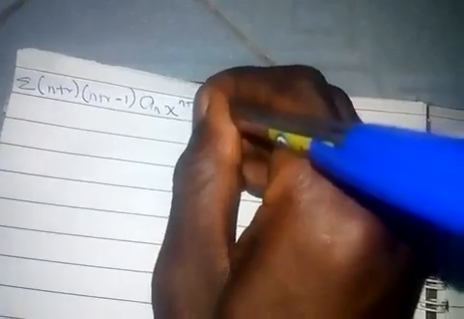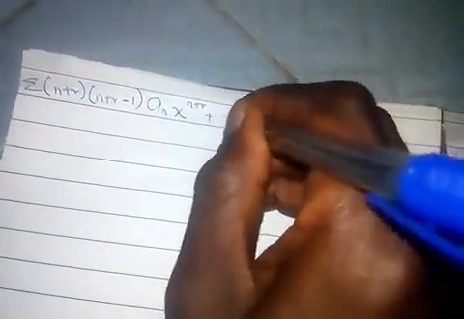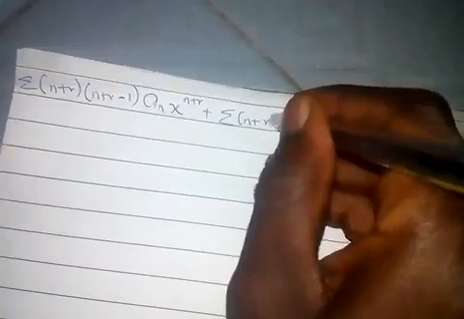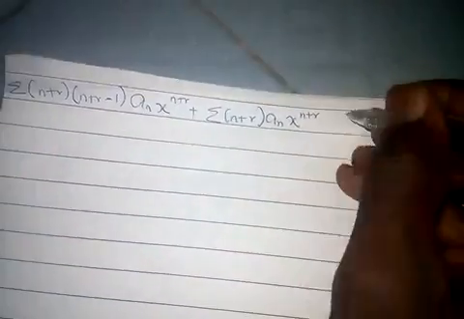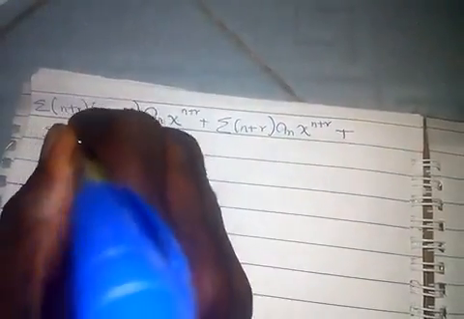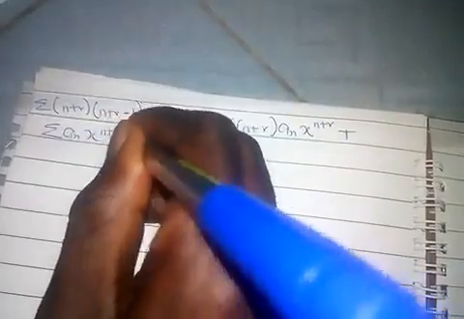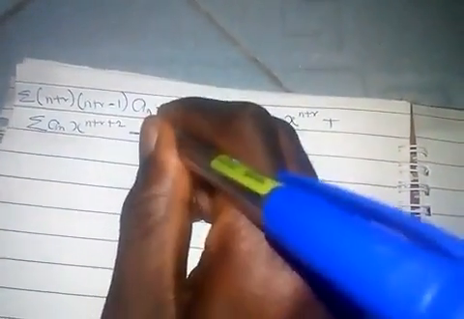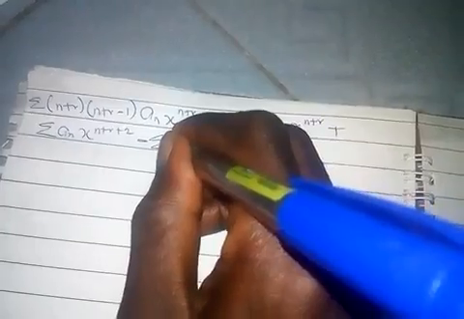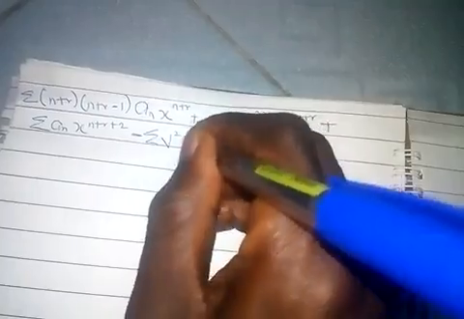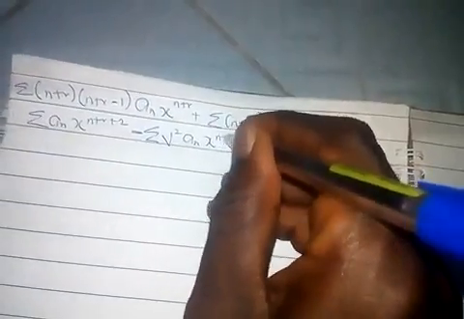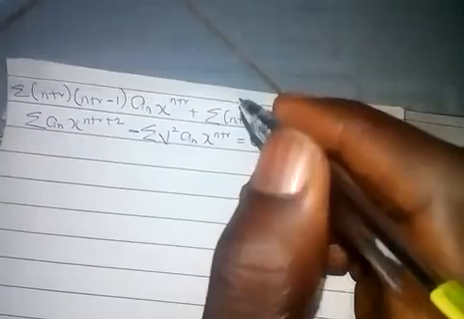So we have x^(n+r) plus summation (n+r) a_n x^(n+r) plus summation a_n x^(n+r+2) minus summation v² a_n x^(n+r) equal to 0.